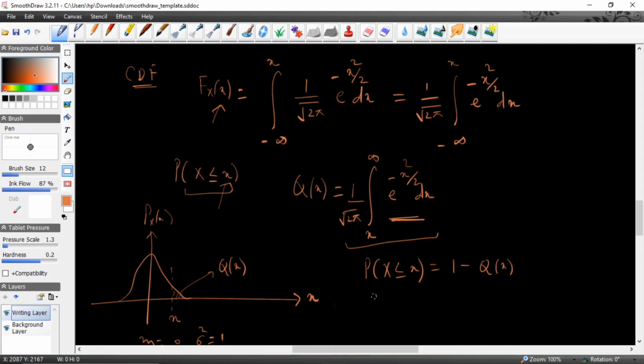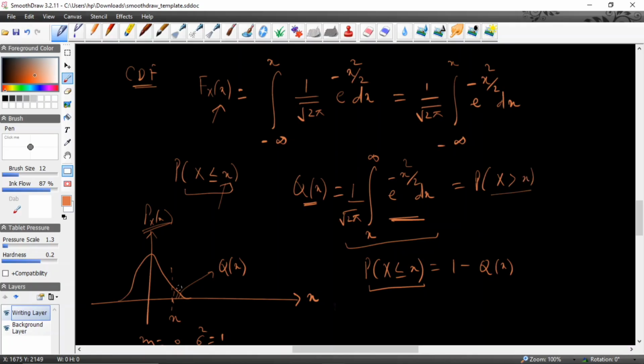Okay, because if I take this x here, then the probability of X less than or equal to x, which is the CDF, will be equal to the total area under this density function, which is 1, minus Q(x), which gives you the probability of X greater than x.